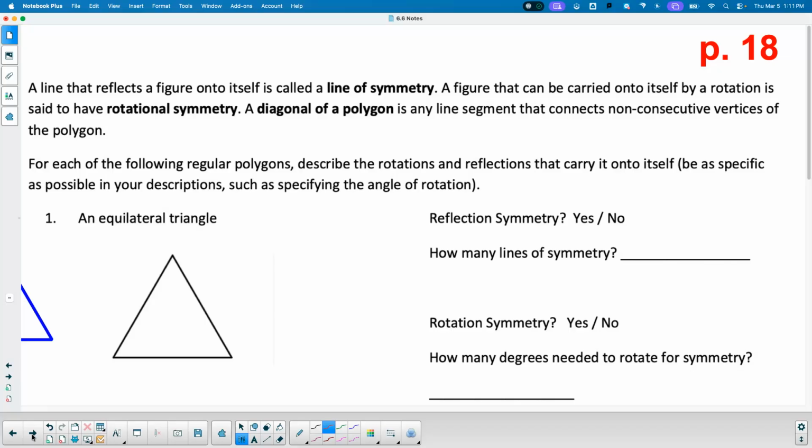So everything in that polygon is equal. All the sides are equal to each other. All of the interior angles are equal to each other. So if we have an equilateral triangle, the 3 sides would all be equal, and the 3 angles would all be equal, and in fact, they would all be 60 degrees.